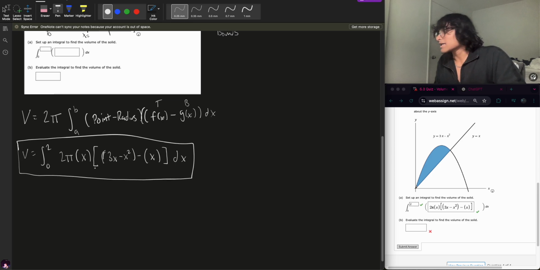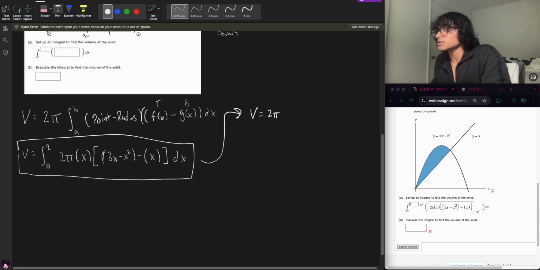That looks like it needs to be simplified a little more. So let's do that, if we want to evaluate this thing. So V equals, let's take that constant out because I hate constants just inside the integral. It just gives me the ick. So 0 to 2, x times all of this stuff minus x with respect to dx.